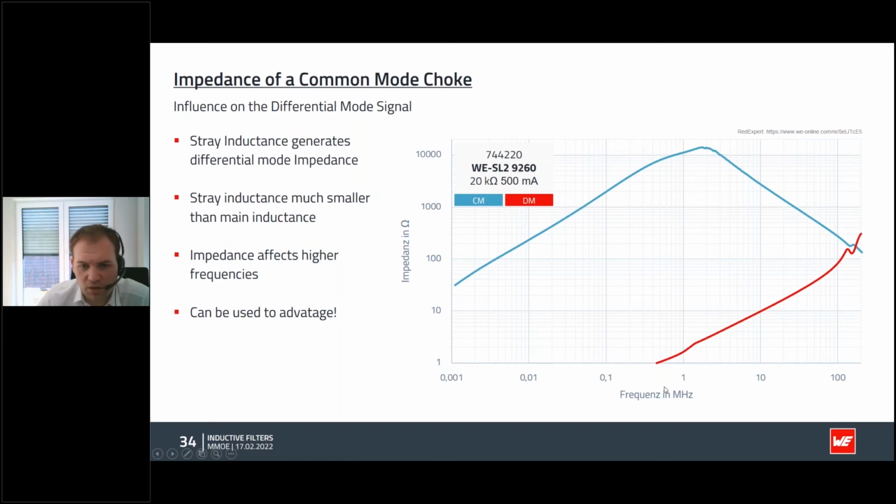Being much smaller, this means that also the impedance is much smaller and is only effective in much higher frequency ranges. So we can protect a useful signal in the lower frequency range from common mode signal without really dampening the signal. At least this is what we want to do.